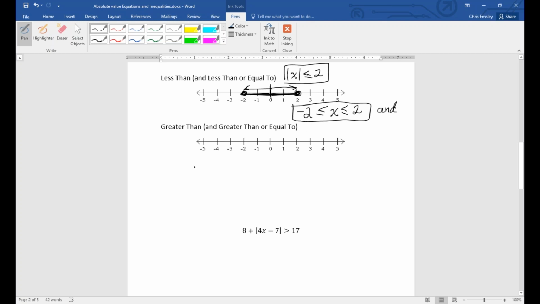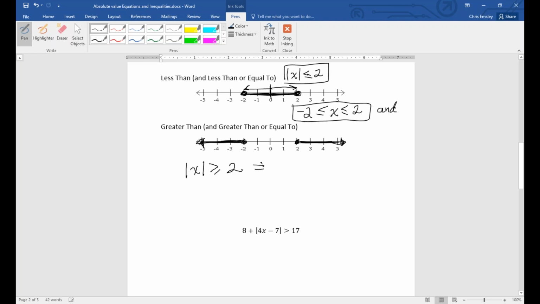For greater than or equal to, I think I'm going to write that down here because I ran out of room. Okay, now we're saying the distance from 0 is more than 2. It's greater than or equal to 2. So that means it's 2 and everything bigger. But it could also be negative 2 and anything smaller. So this time we get 2 sections shaded on our graph, and we have to write that as an or inequality.